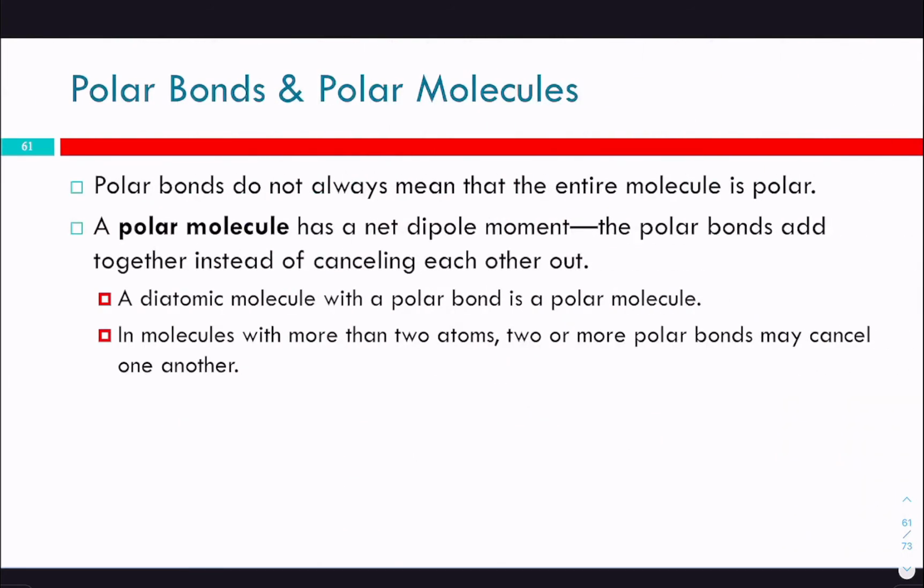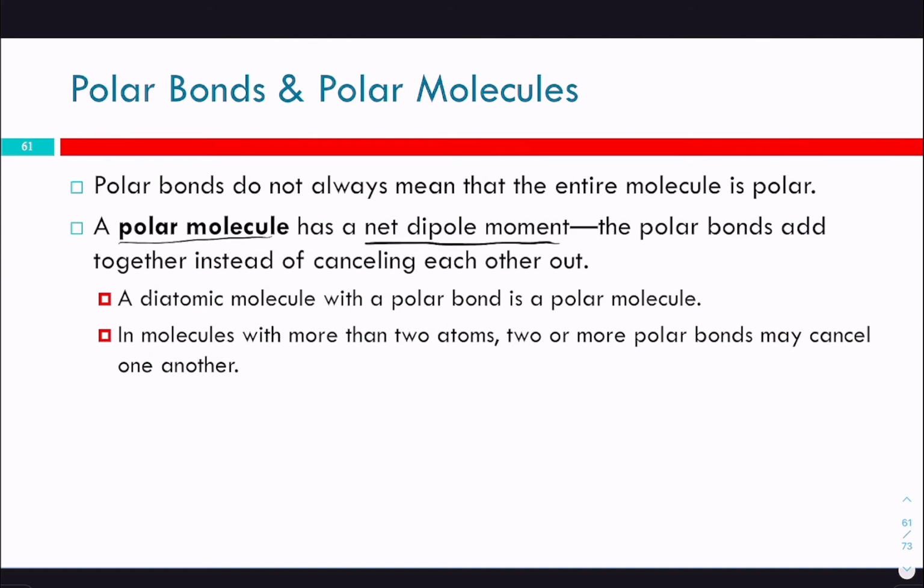All right, so going from polar bonds to polar molecules. Polar bonds don't necessarily mean that you have a polar molecule, because a polar molecule has a net dipole moment.